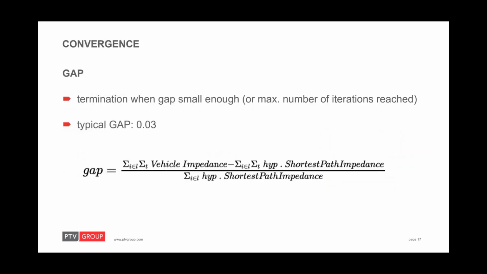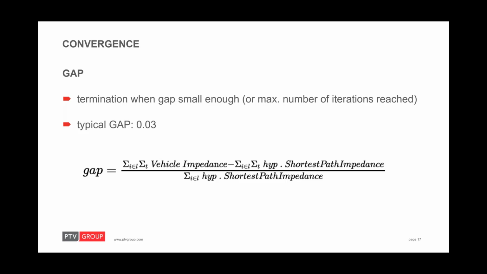For convergence, we use a gap measure. And how is this gap measure calculated? It's by using the vehicle impedance at accumulated values and the current shortest path impedance and weighted by the volumes. Typical gaps achieved are 0.03. So you will see that the gaps achieved in dynamic assignment are usually a little bit higher in value than the static assignment because we simulate whole vehicles in dynamic assignment and those shifts inherently produce gaps that are a little bit higher.